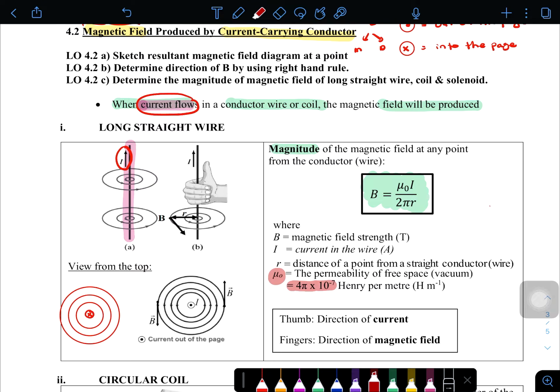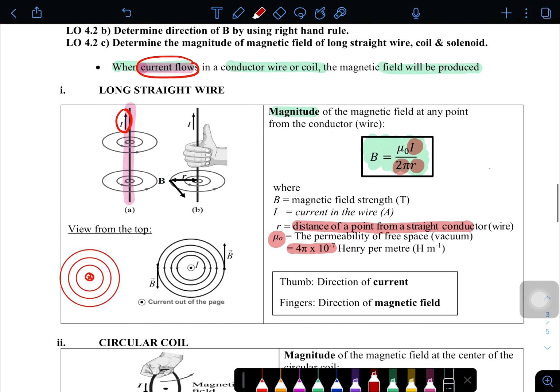Okay, so itu ialah mu naught. I is the current, 2 pi ialah constant, dan R ialah dia punya distance of a point from the straight conductor. Nanti dekat soalan bagi satu point, jarak antara satu point sampai wire ni, berapakah jarak dia? Itu ialah R. Okay, so itu dia punya magnitude.